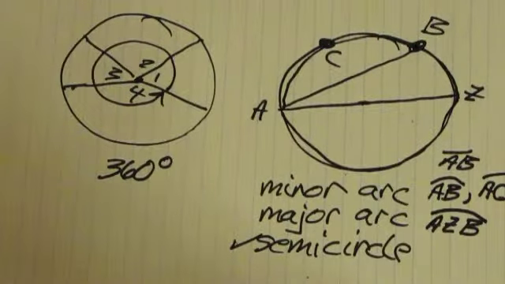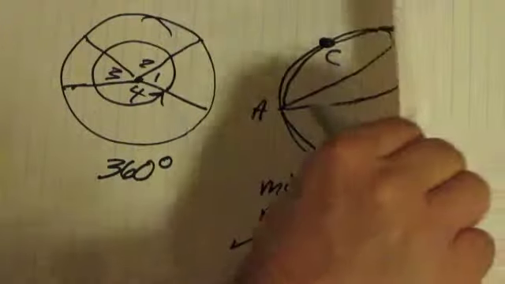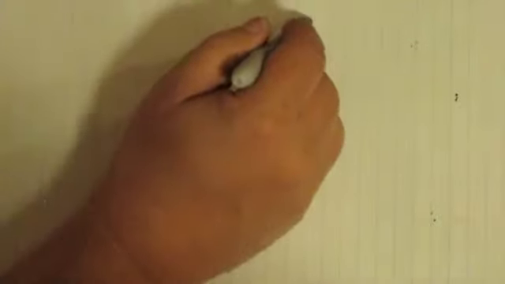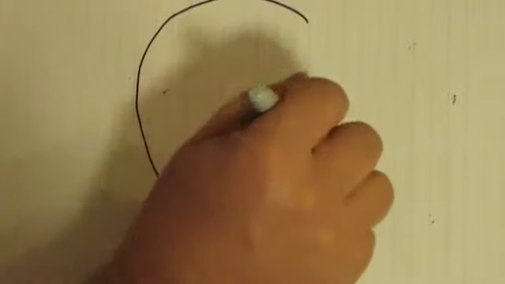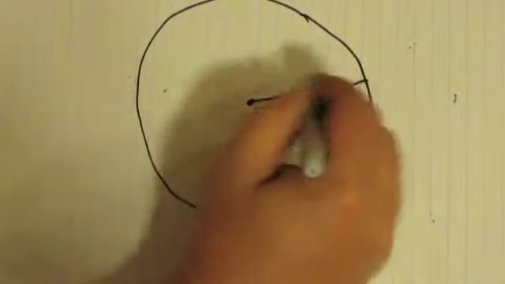So, welcome back. The next thing we're going to do is decide when arcs are going to be equal in measurement. Arcs are going to be equal when their central angles are equal.